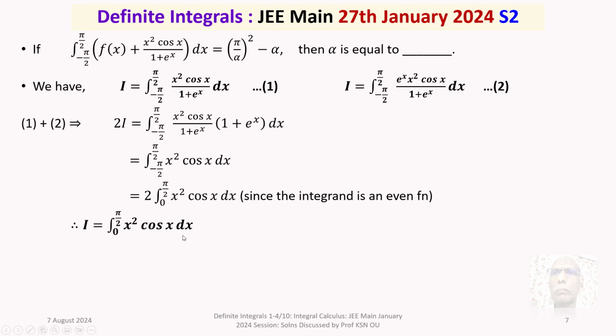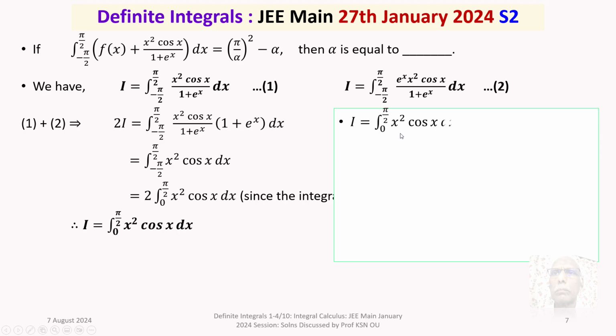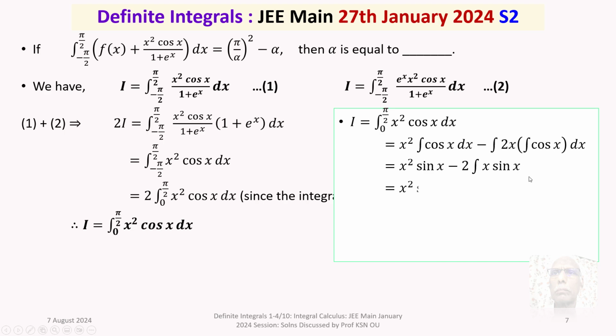We will evaluate this using integration by parts. So we do first function, the integral of the second, minus integral of the differential of the first into integral of the second, and that will be equal to x square into integral of cos x, which is sin x, minus 2 into integral of x sin x dx.